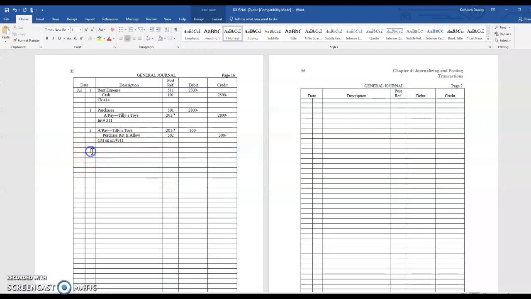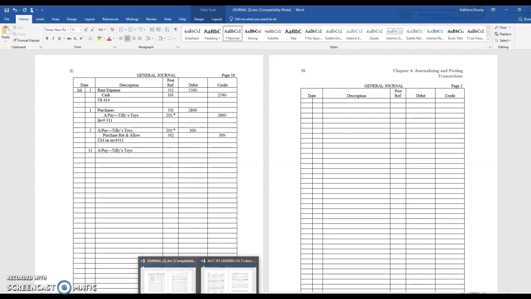Okay, so this is on the 11th. We are decreasing accounts payable, so that means we're debiting accounts payable. And of course, whenever we have accounts payable, we have to say who is the vendor, and that's Tilly's Toys. And we're decreasing them by the whole $2,500.